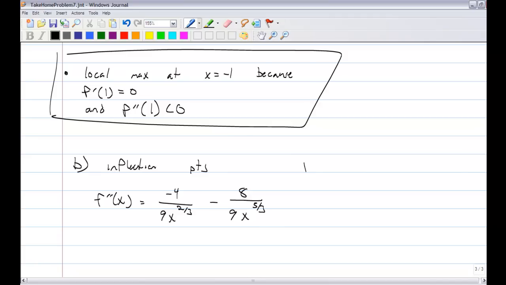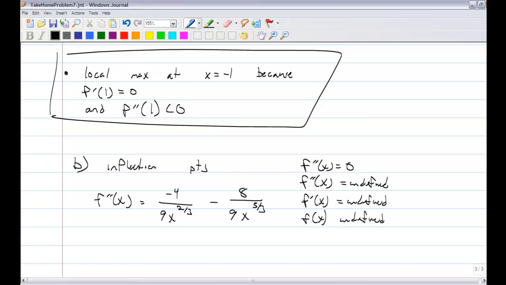This is kind of redundant. We'd say, okay, we're looking for f double prime of x equals 0. These are like our interval separators. F double prime of x equals undefined, or like f prime of x was undefined, or f of x was undefined. That's kind of redundant, but you're working backwards, right? So those right there would be your interval separators.